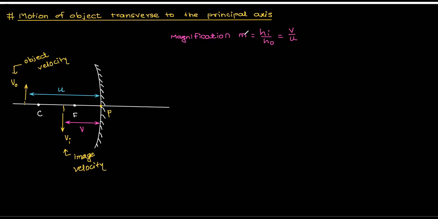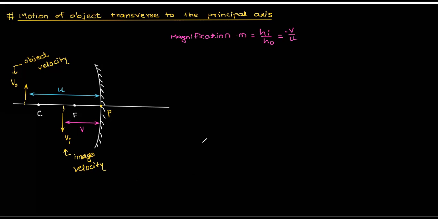Or even you can keep the minus sign here, not an issue. So m is equal to hi by h naught is equal to minus v by u. This is the magnification formula in terms of height and distance. Clear? Okay.